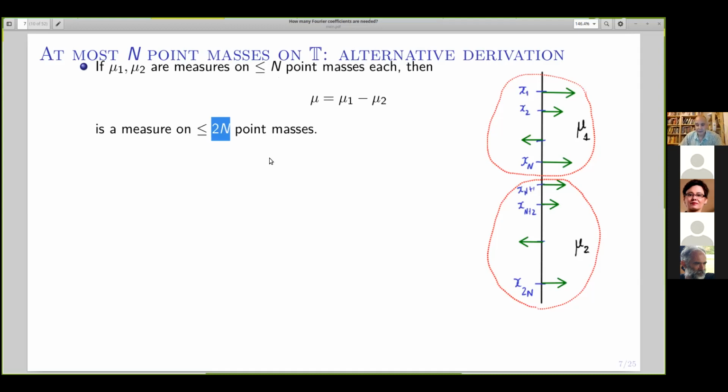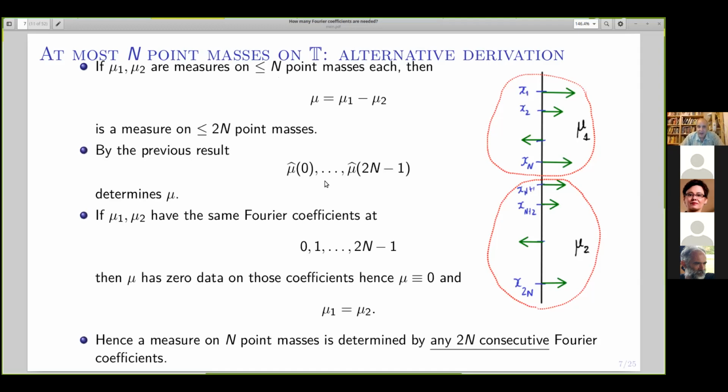Since they live on 2n points, we know by our previous result that this collection of coefficients, which is 2n consecutive values of mu hat, determines all the coefficients, all the masses of this measure mu. And it's an injective map.